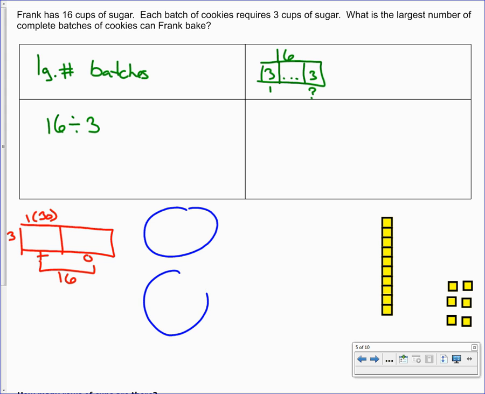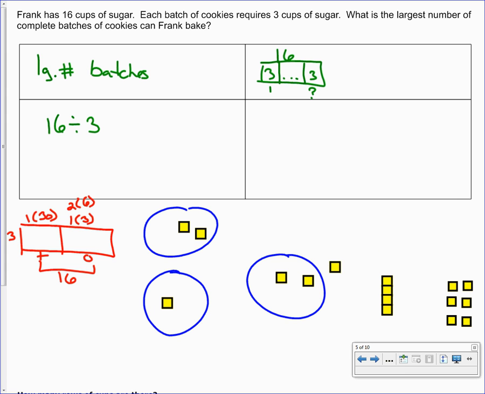1 group, 2 groups, 3. So I'm going to divide into each of these groups. If I give each group 1, that's going to be 3. If I give each group 2, then that'll be 6 that I've used. If each group gets 3, that would be 9.